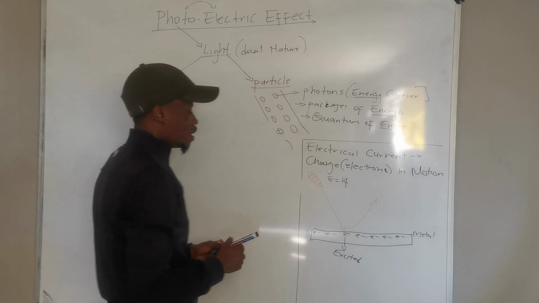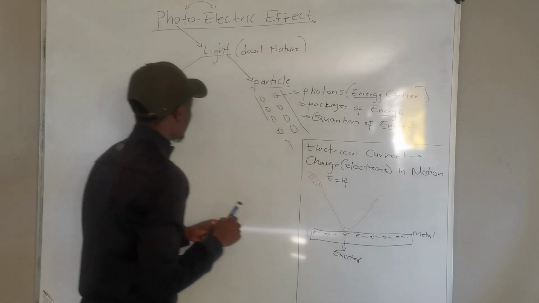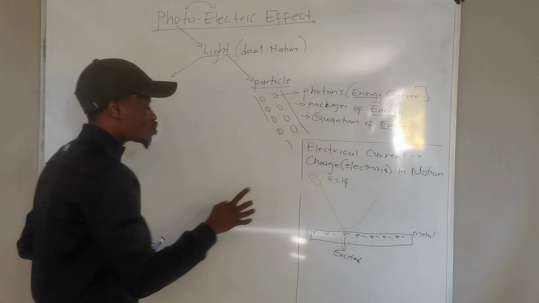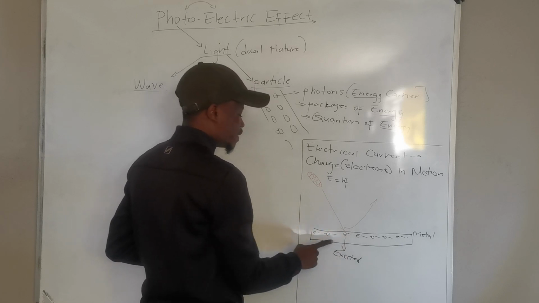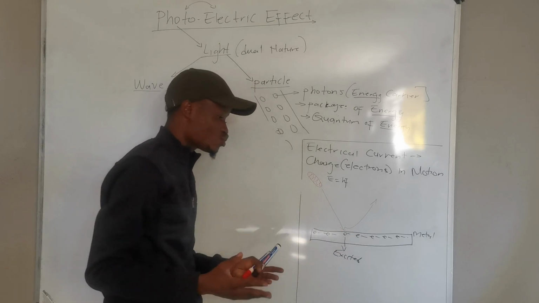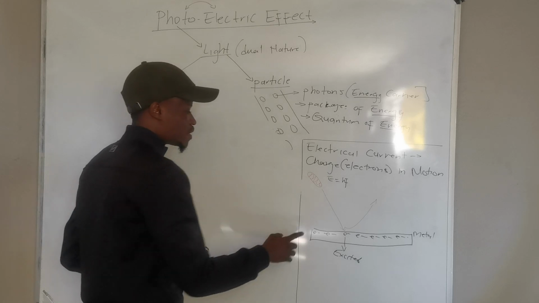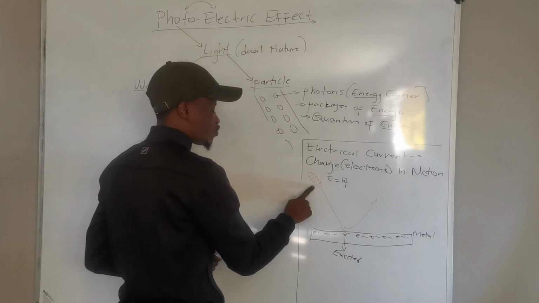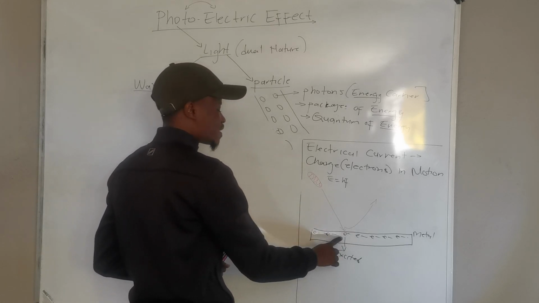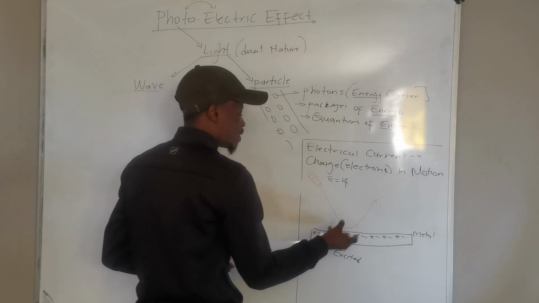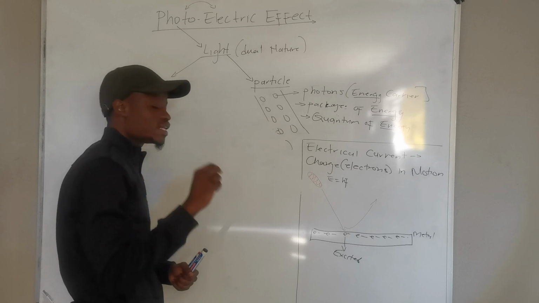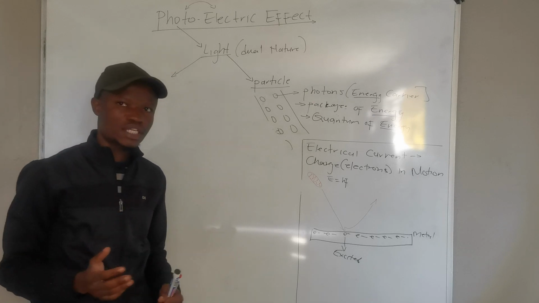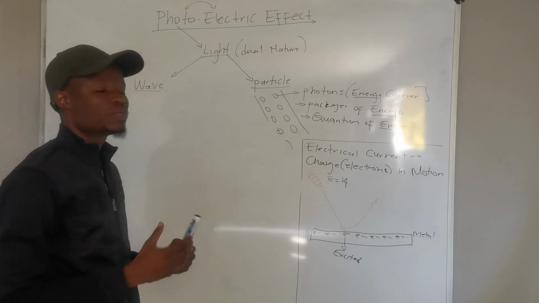Now, if the energy of the photon is not greater than the energy that the electron is bound to in the metal, then the electron will not escape or will not be ejected.